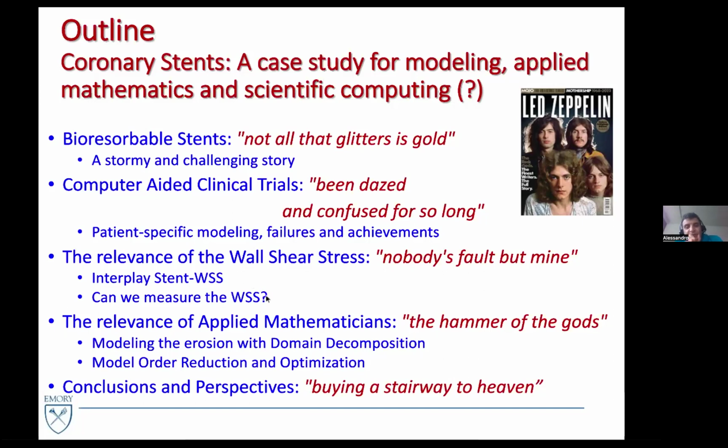And then we need to understand also if we can measure instead of computing the wall shear stress. And then I want to focus more on the erosion, modeling of the erosion with numerical techniques like domain decomposition and model order reduction for the optimization.